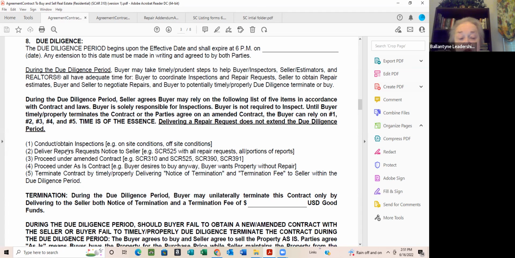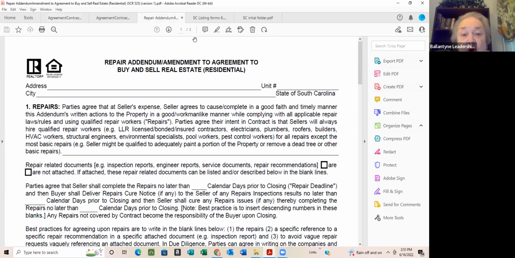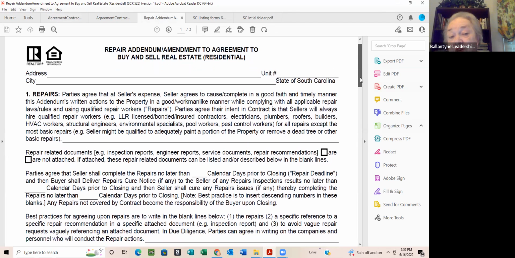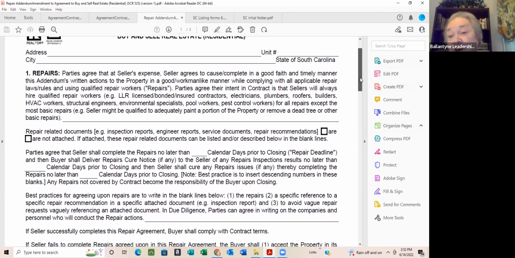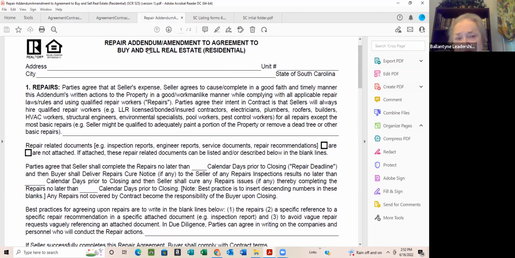The seller is going to see this form. And this is a new form. It's not a new form, it's an amended form because they had to make it fit with the words on the new 300 and 310. So you're not going to see that it looks that much different because we've been using the 525 for some time. You'll notice here, it's called repair addendum amendment.